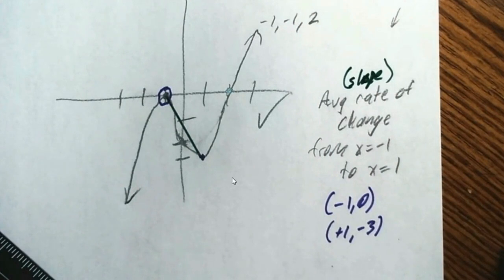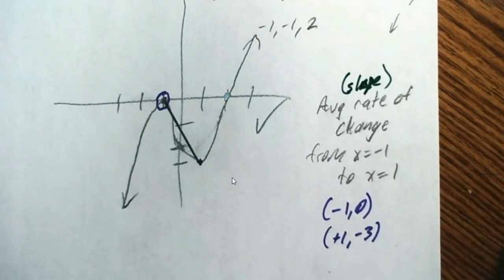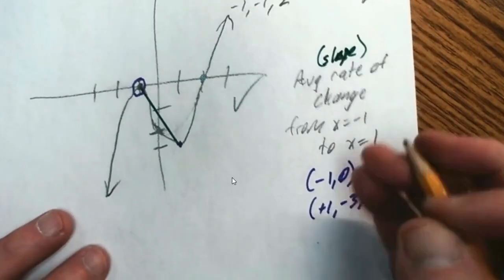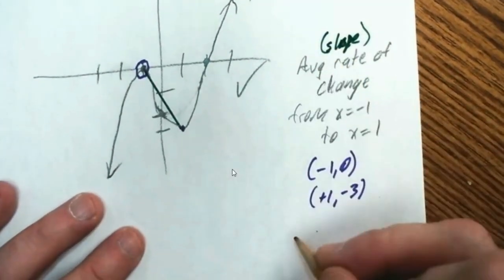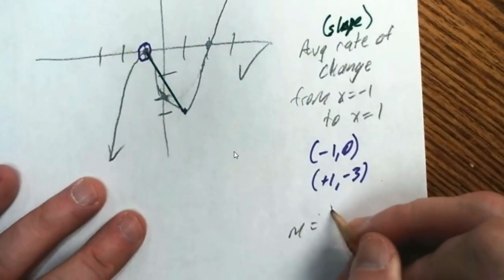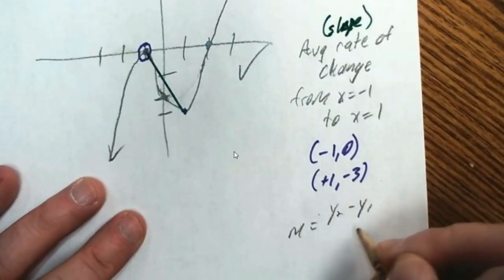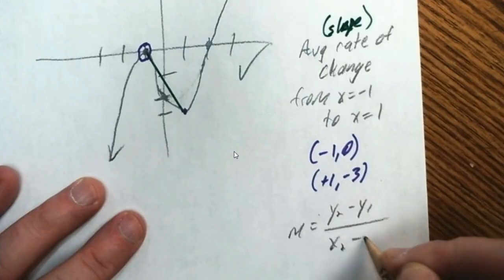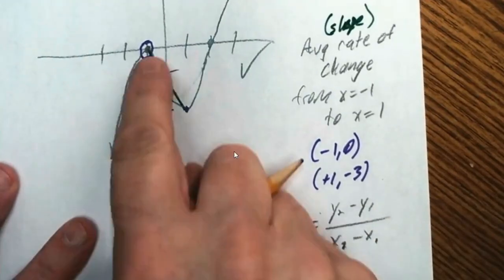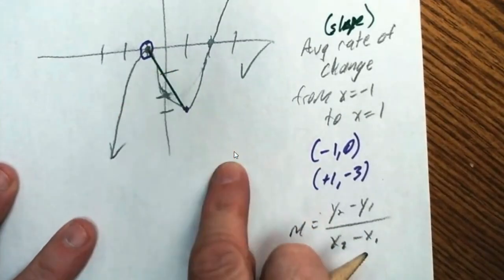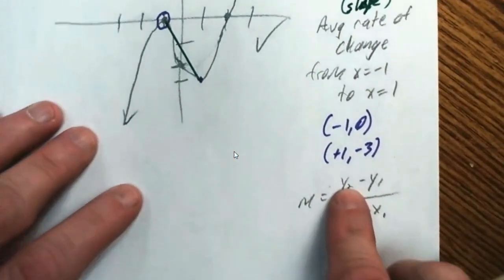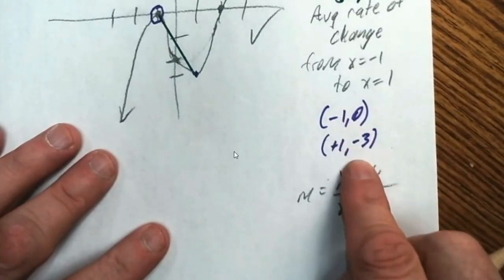Don't write with big green markers because they don't make nice letters. So how do I find the average rate of change? Well, the slope formula, m equals y2 minus y1 over x2 minus x1. That's one way to do it. The other thing you can do is rise over run.